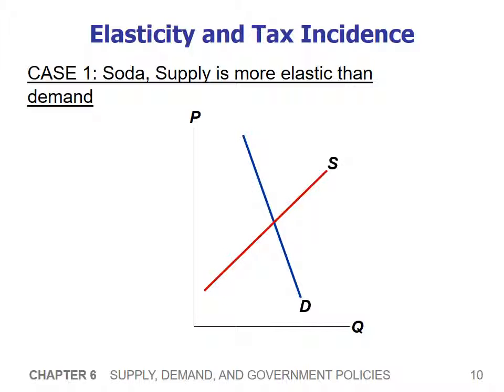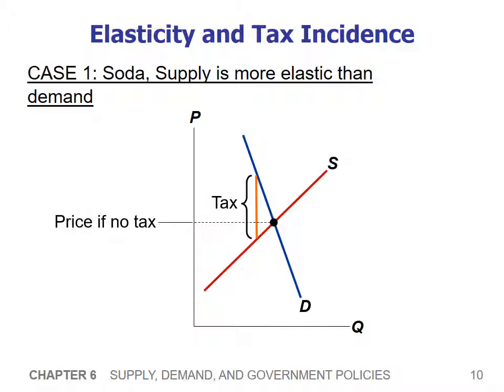Now when you impose a tax in the market for soda, what will happen is that buyers will bear most of the tax. This is because their demand is fairly inelastic. They will not respond much to a change in the price.